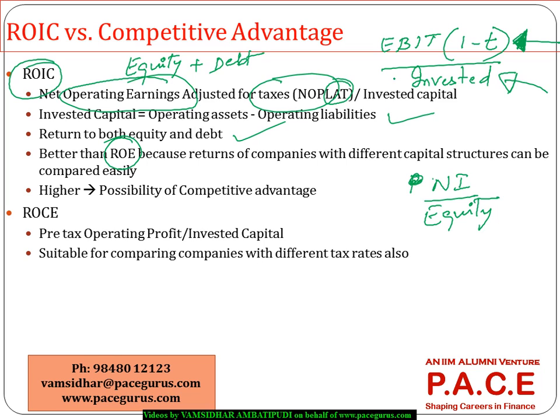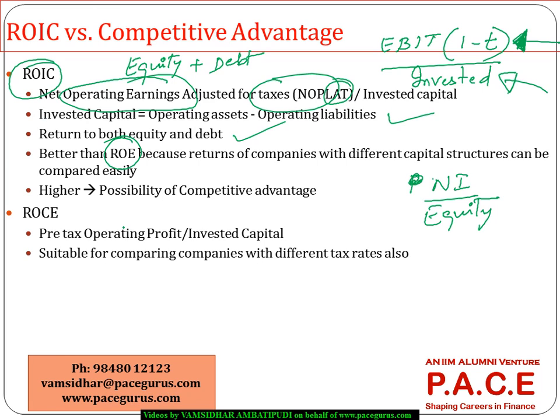So the higher the ROIC, probably it is an indication for me that the company can derive some level of competitive advantage either with respect to increased sales or with respect to decreased costs. So ROIC is a much better mechanism compared to ROE, especially if different firms in the industry have different capital structures.